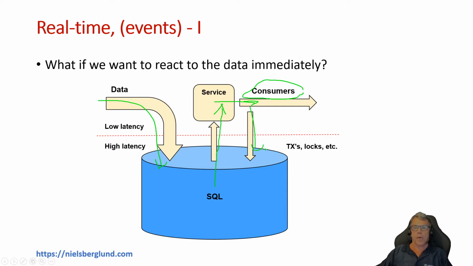So now we have the best of both worlds. We are writing data to the database, we are editing data, we are updating data, whatever we do with the data. But at the same time, we are also pushing it out from the database as it comes down into the database. So we're getting almost real-time behavior, a real-time streaming of the data into the service.